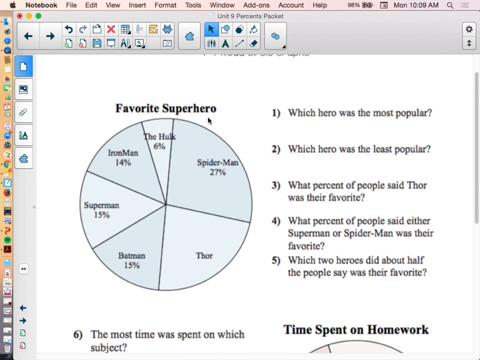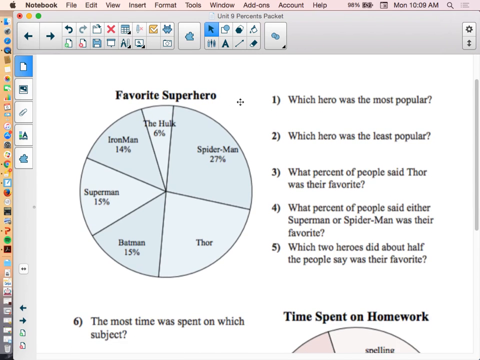If we're looking at this one, kind of fun, favorite superheroes. You can take a look and see if the majority matches with what your favorite superhero is. I would say that mine is probably Batman right now. So it's definitely not Spider-Man. Doesn't quite match up with the majority, but that's okay.